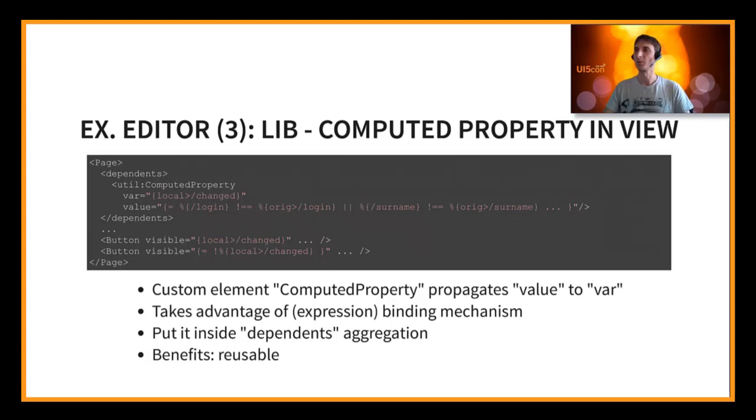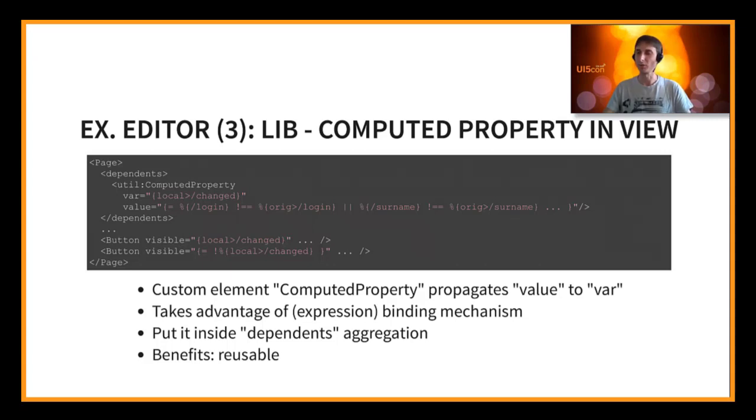This computed property element is really, really simple. It just takes advantage of expression binding, and it really just propagates any change of value onto var. And when you want to use it, you can just use it like any other property.